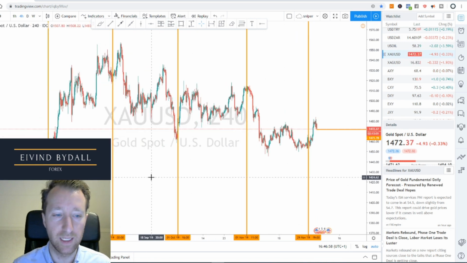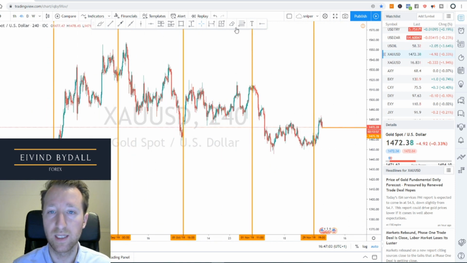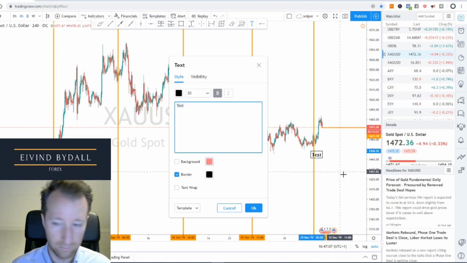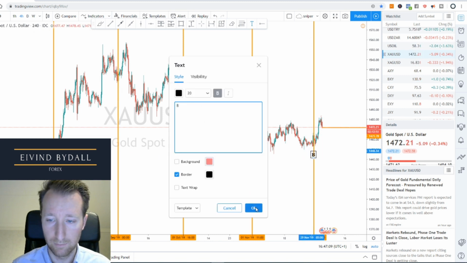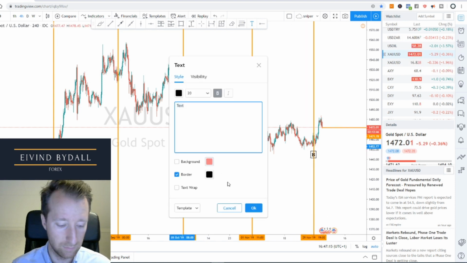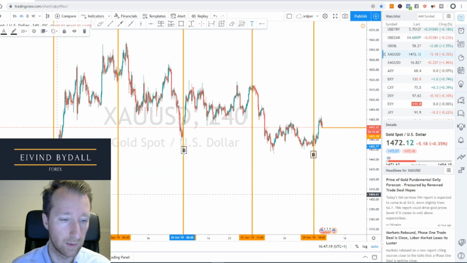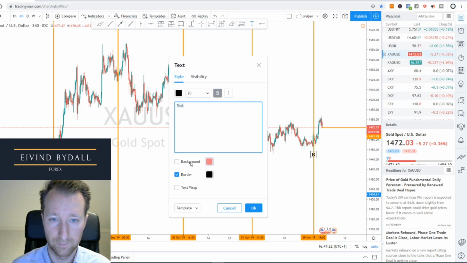What can you see here in this market? I would say that is a bottom. Then that's a bottom. That's a bottom. And you can see that's a bottom as well.